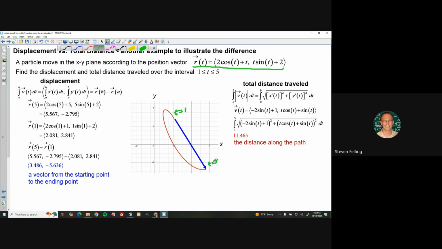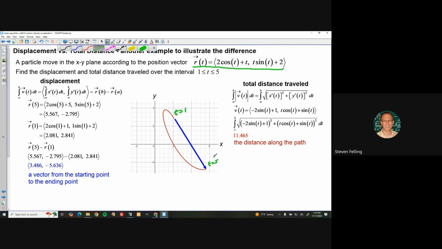If you want to find the displacement, what you do is you take the velocity vector as a vector, and you take the antiderivative of that, which gives you a difference in, well, okay, you don't actually do the antiderivative. That would just be the difference in the start and the end. So I'm literally going to plug in 1 and plug in 5 to the position vector and find the two position vectors.